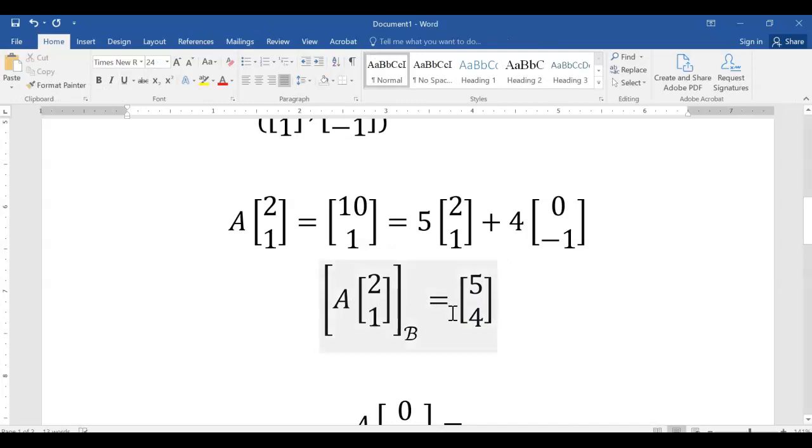So with respect to basis B, the matrix that I am going to use is going to have first column of 5, 4.